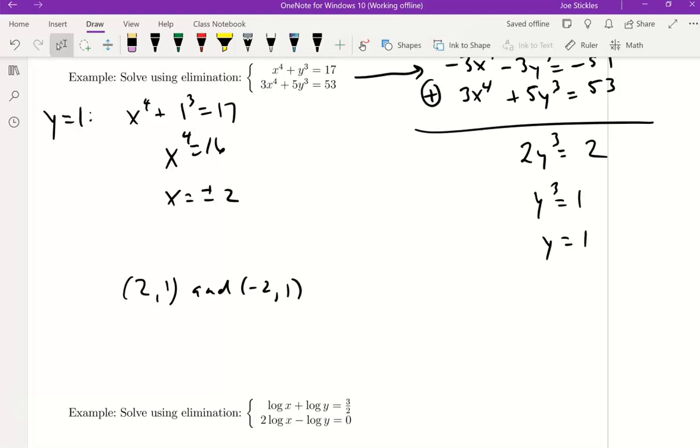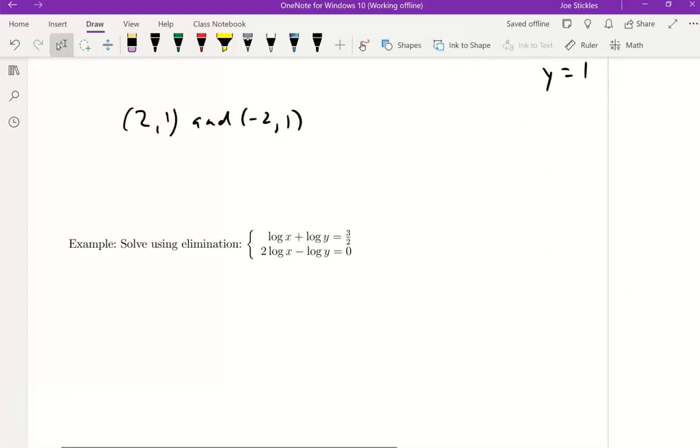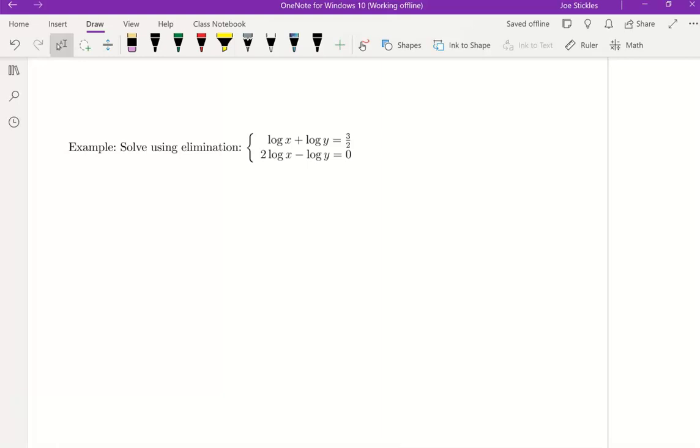Notice in this next example, we've got log of x and log of y in each of the equations. That's what makes it not linear, right? Because again, x and y cannot appear inside of another function, right? The x and the y can't be an input of another function. So that's what makes this not linear. But we can still approach it the same way.